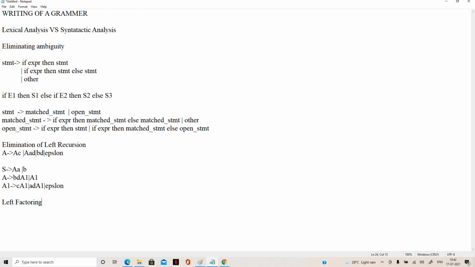You need to remove the left factoring, and to remove it we have one algorithm. With the help of that algorithm, we can remove it. Once all these things are solved, then we can use this grammar for parsing and lexical analysis purposes without any modifications. So this is about writing a grammar.